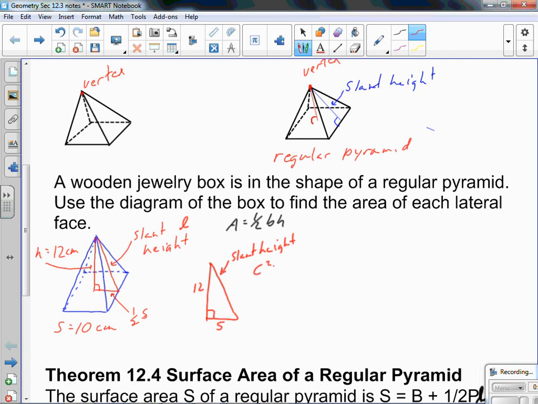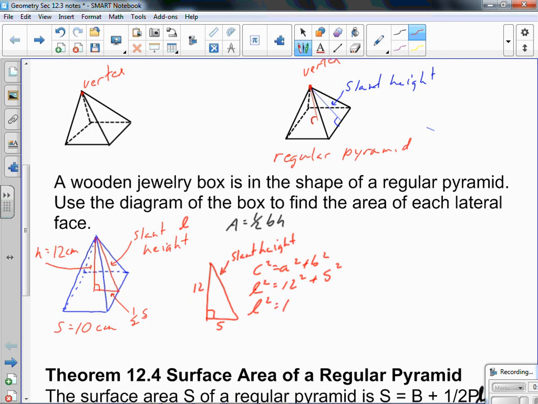All right, c squared equals a squared plus b squared. And so our c is the slant height, which the symbol we use for slant height is a lowercase l, usually a cursive version of lowercase l if possible. So lowercase l squared equals 12 squared plus 5 squared.